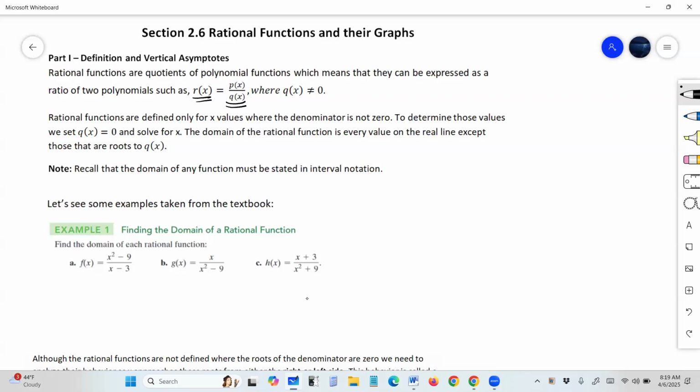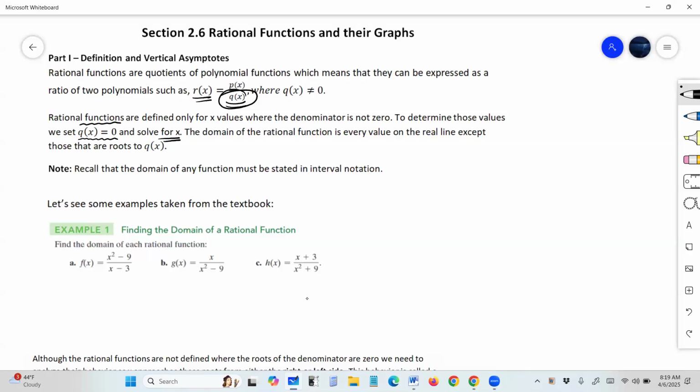Now, what does that mean? It means that for whatever polynomials we have in the denominator, we need to find the roots of the polynomial function by setting the denominator polynomial to 0 and solving for x. Those are going to be the roots of the polynomial. So those roots must be removed from the domain.